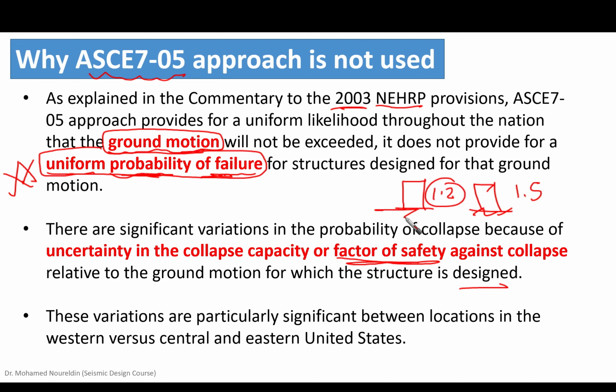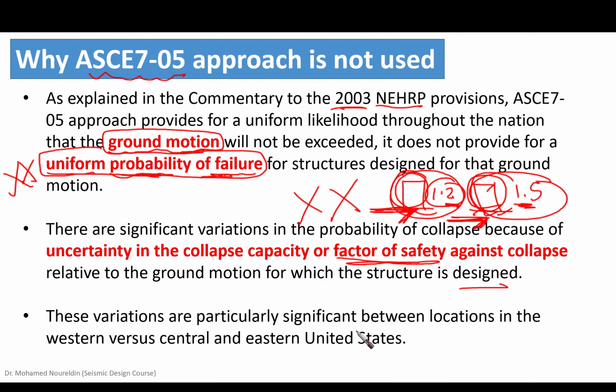If both have the same probability of hazard occurrence, then their probabilities of failure differ, which is not right. We do not want something like this to happen. So in this regard, ASCE 7-10 started to take into consideration the uncertainty of collapse of structures and the safety factor of design.